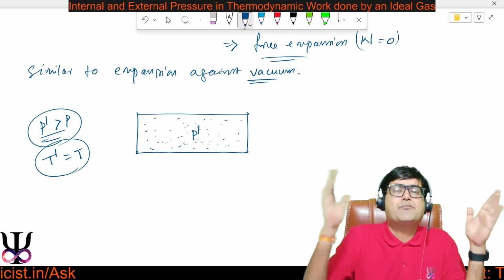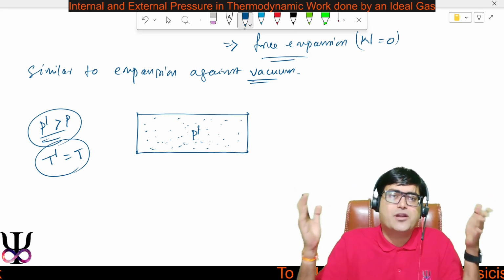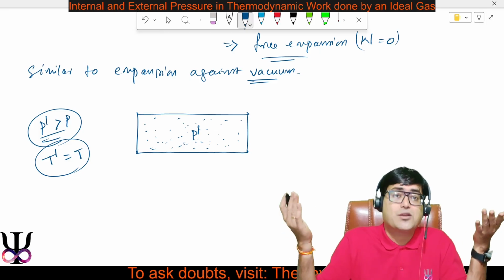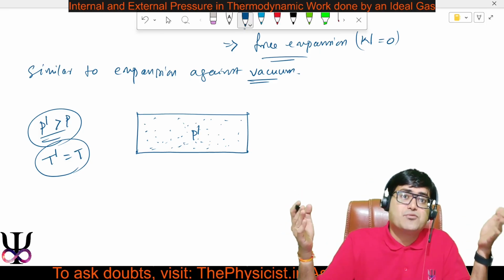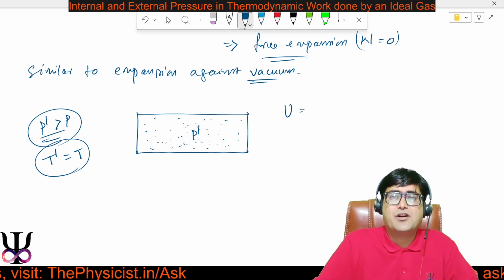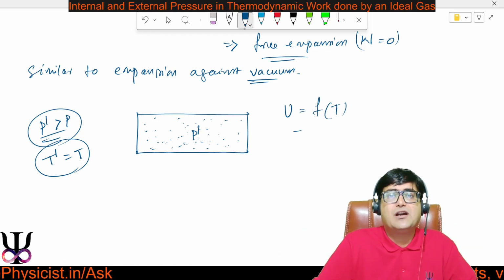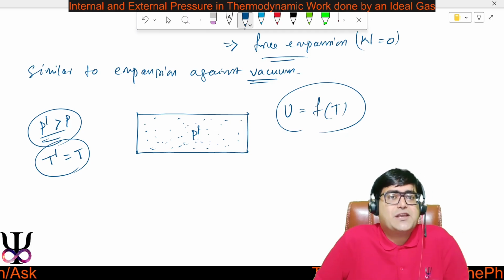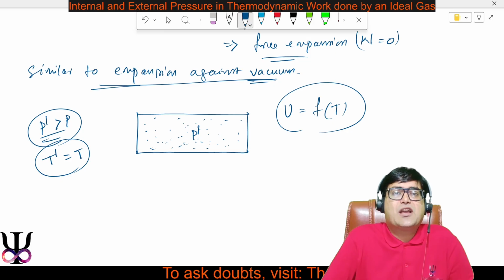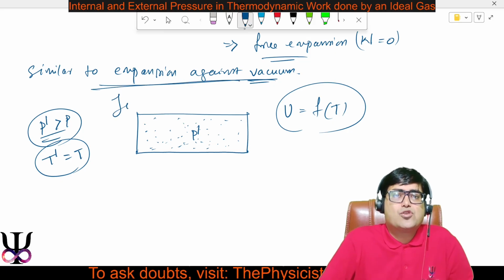And in moving a piston of zero mass, it has not done any work because the piston has not gained any kinetic energy, because its mass is zero. So the internal energy will stay intact. And since the internal energy U is a function of temperature, the temperature would also stay the same. So this is what you call free expansion, and expansion against vacuum is also called Joule expansion.